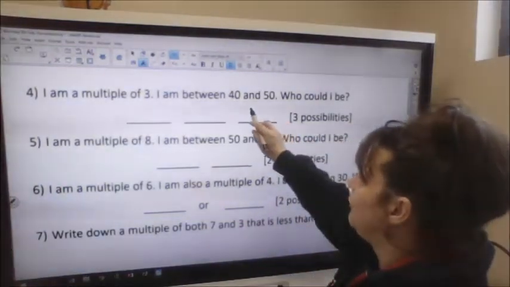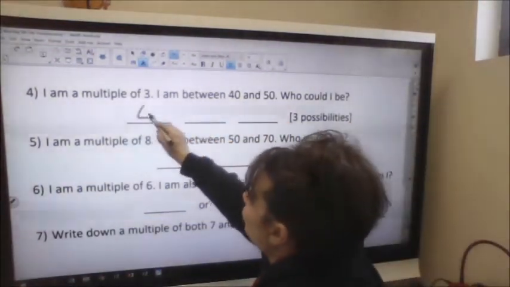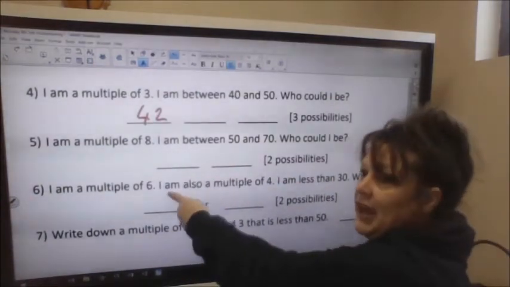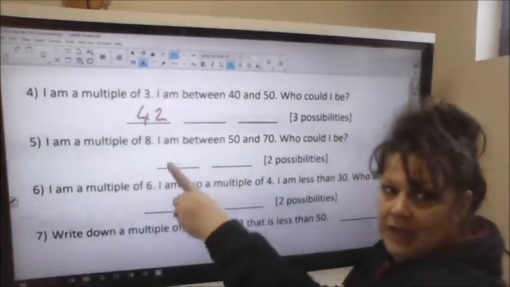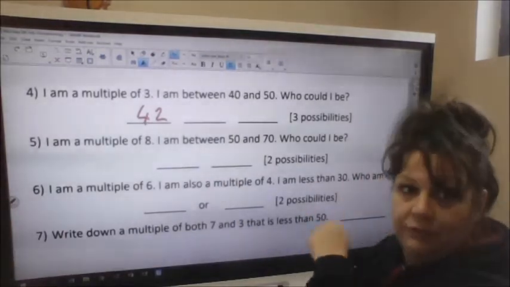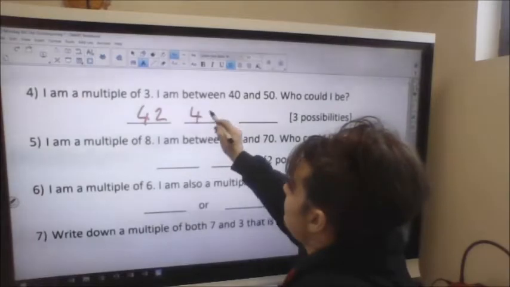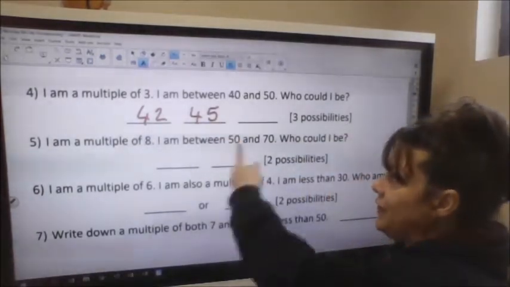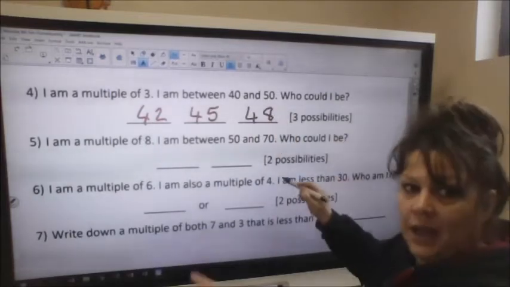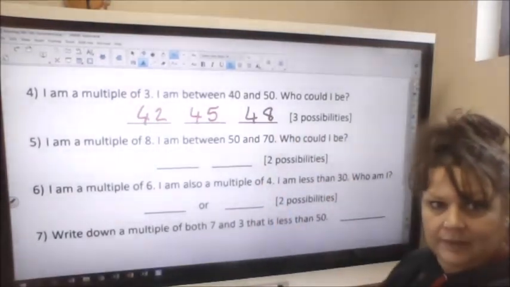Is that between 40 and 50? Yeah, it is. So I could have 42. Okay, now if I repeat add 3 to 42, I will get 45. And then if I go again, 48. So those would be my 3 possibilities.